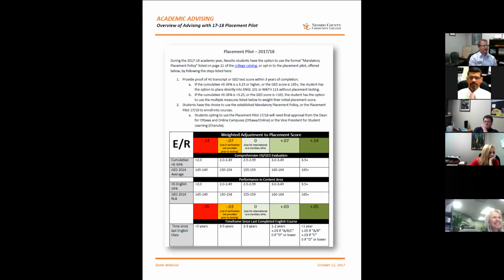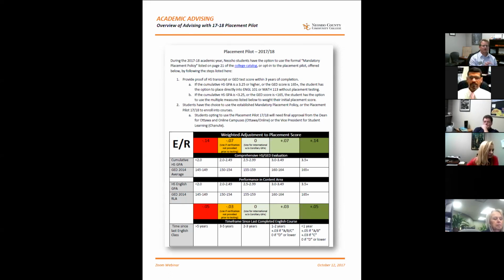If a student does not meet that criteria, this could be a student below a 3.25 with their high school information or GPA, or their average score across all 4 GED tests is below 165, or they could be coming in outside of that 3-year window. Any of those options could put them in bullet B there.